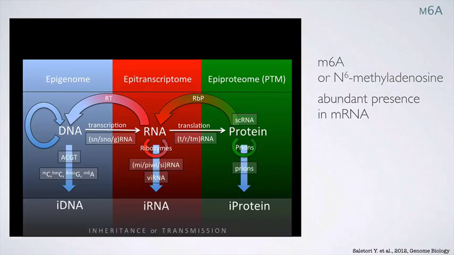But what I'm going to talk about here is the epitranscriptome. It has been around quite long, actually. It's known that mRNA is heavily modified. The m6A, the N6-methyladenosine, is very abundant in mRNA.